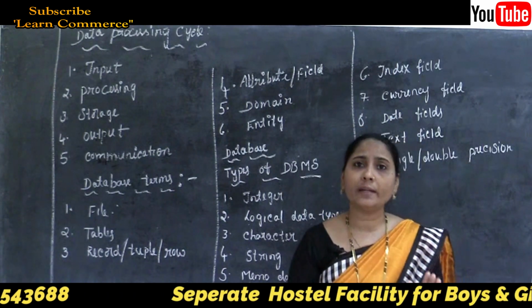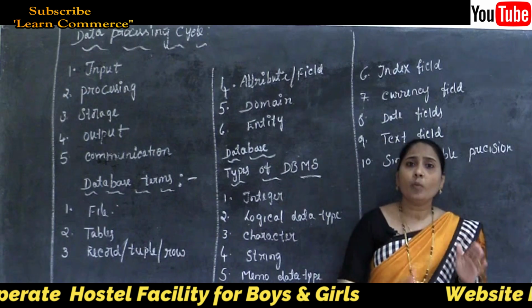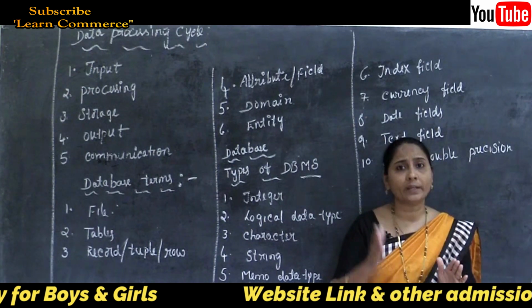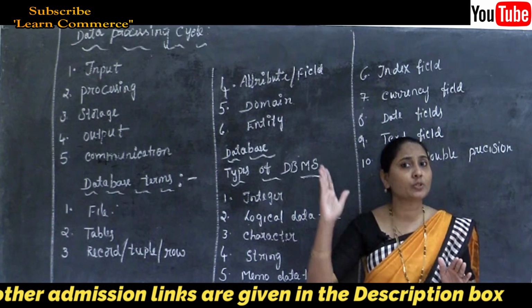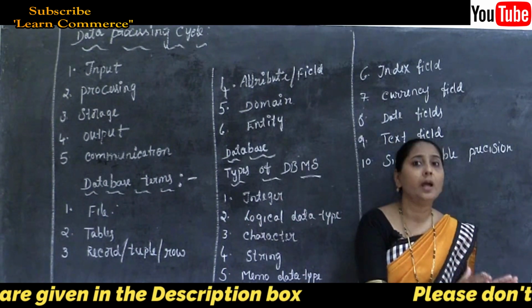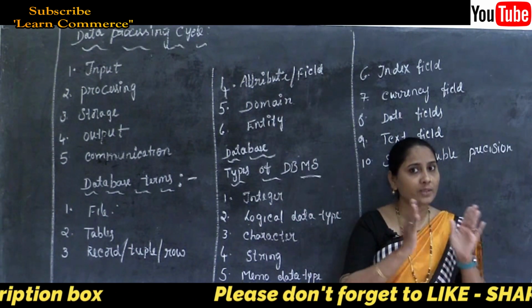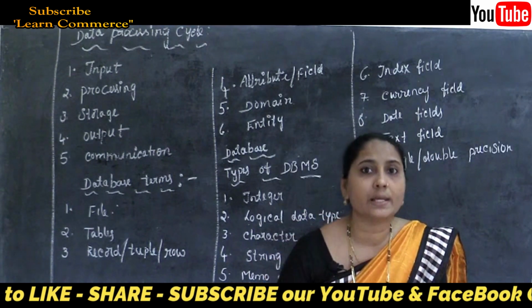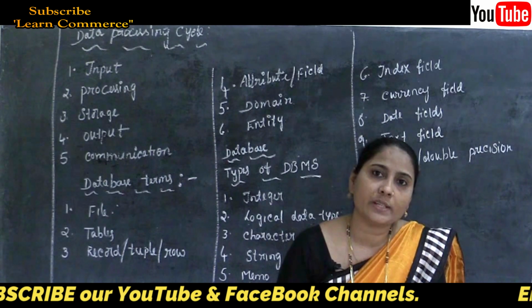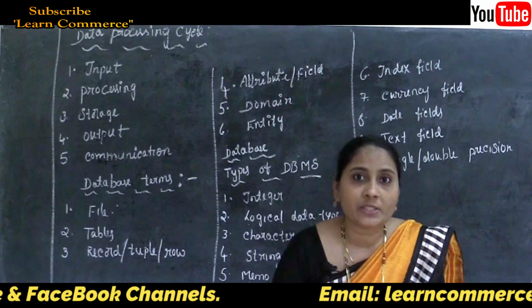Now we know that storage means whatever data you don't want currently, such data is going to be stored in one place, and in our storage there are two types. The first one is the primary storage, second one is called the secondary storage.